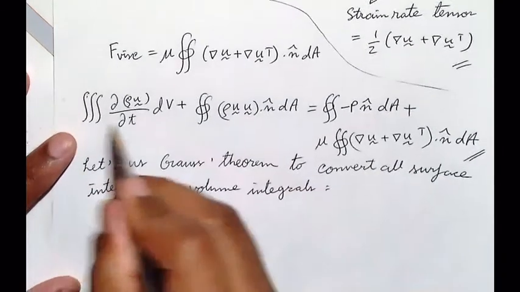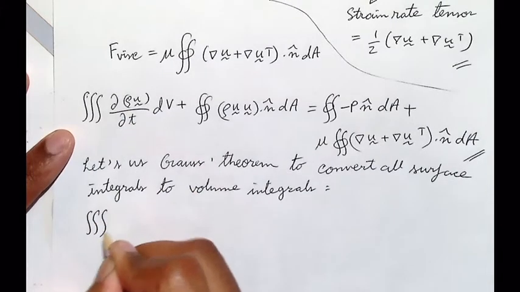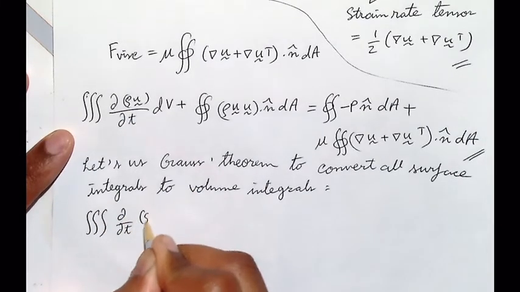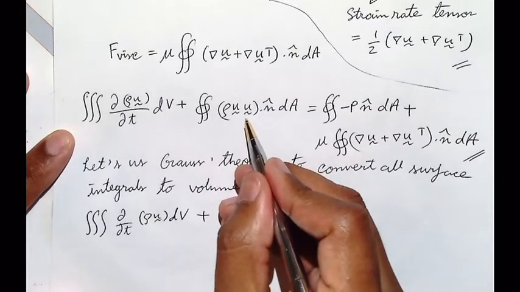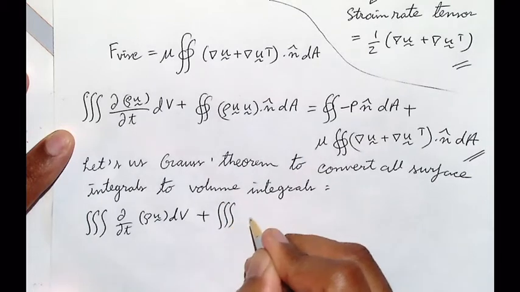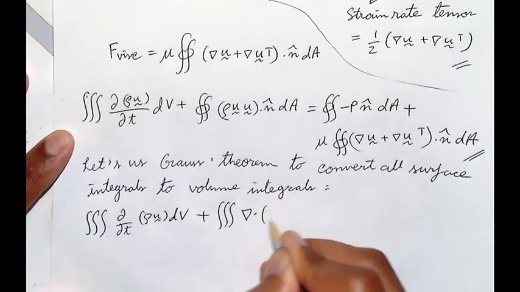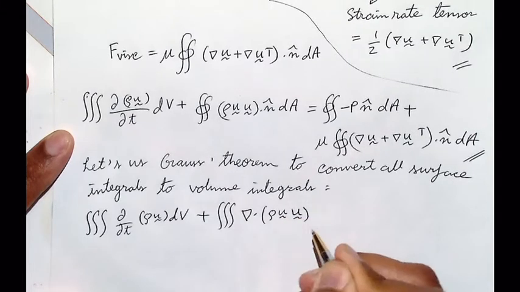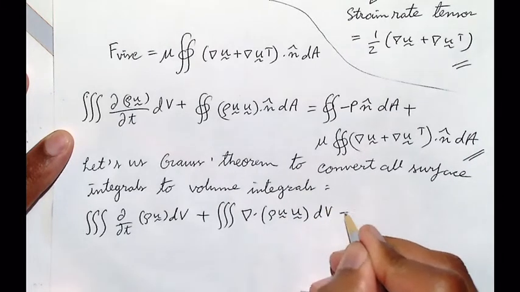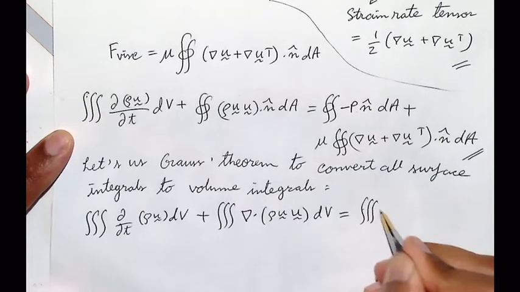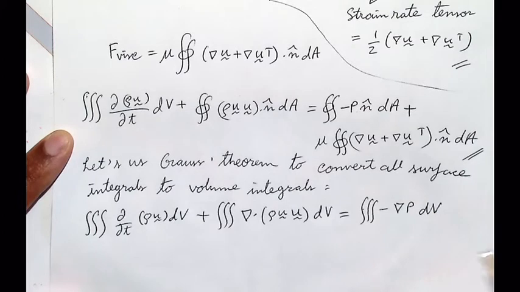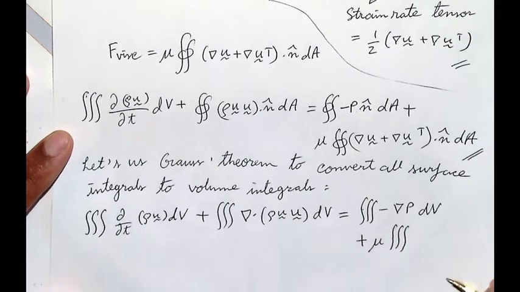Okay, so what we get is basically, alright, the first term stays del by dt of rho u. Second term becomes, what does it become? Nabla dot rho u u, right? dV equals minus nabla p, plus mu nabla square u.